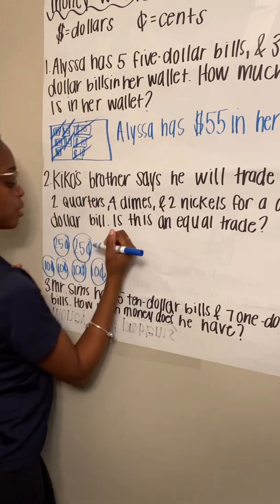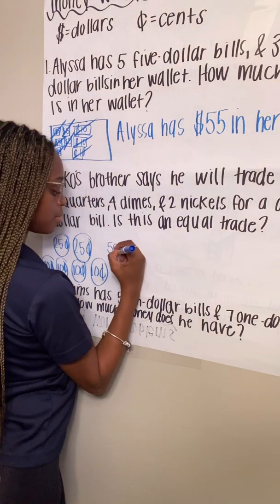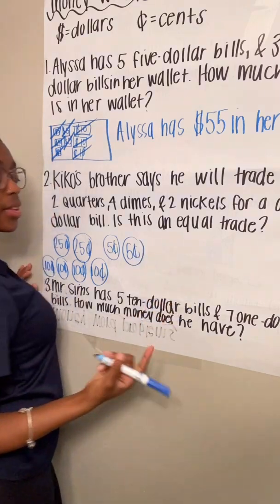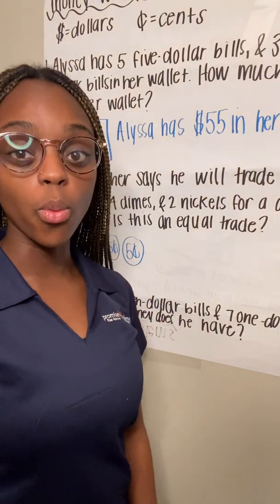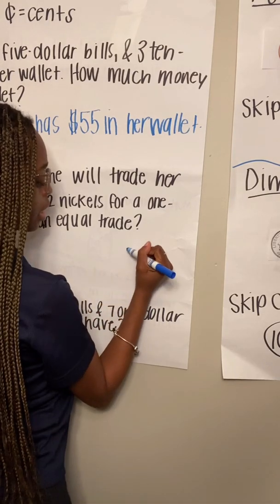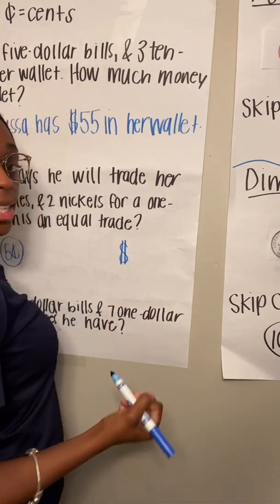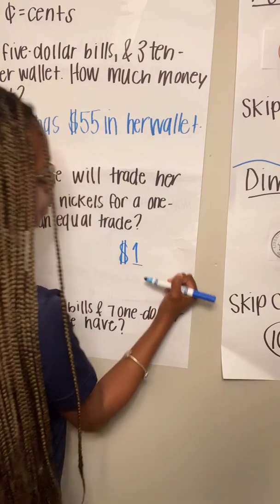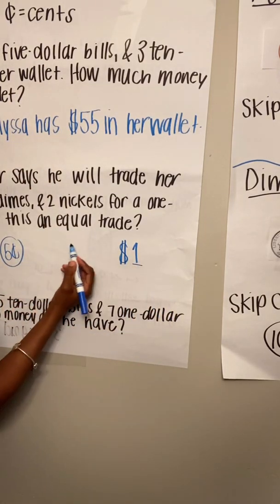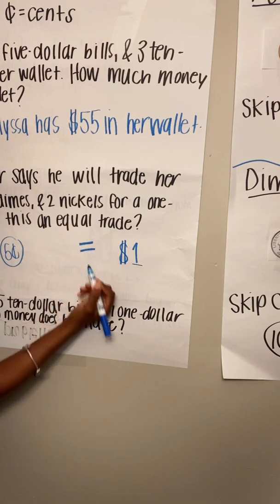And 2 nickels. And on the other side, I'm going to draw $1. I'm going to draw that by doing a dollar sign and drawing the number 1. He wants to know, is this an equal trade? I'm going to put an equal sign right here.